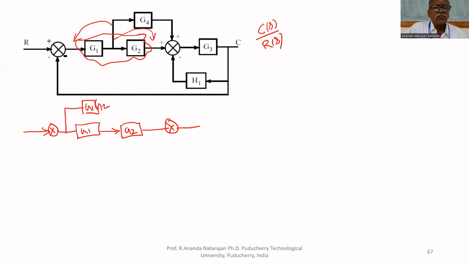We can write G4 also like this because two blocks can be multiplied. That's all. Then G3 is there. C of S and H1 is there.